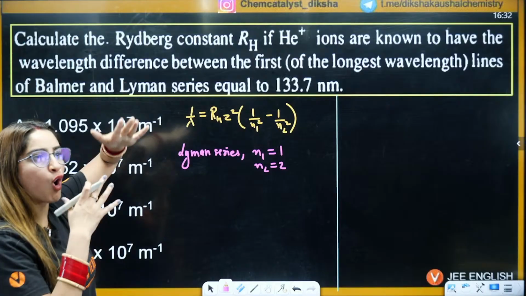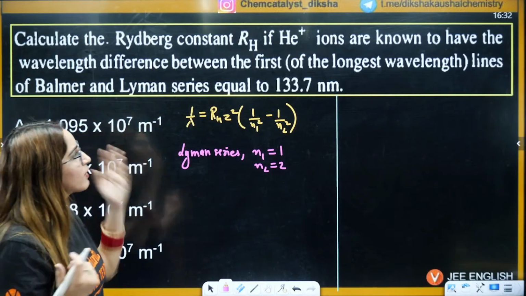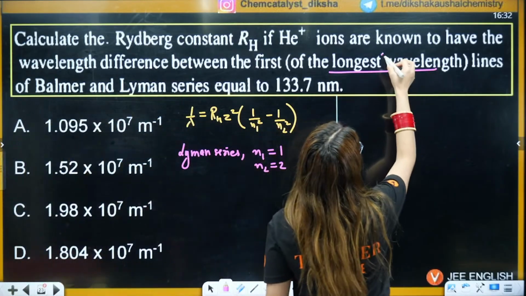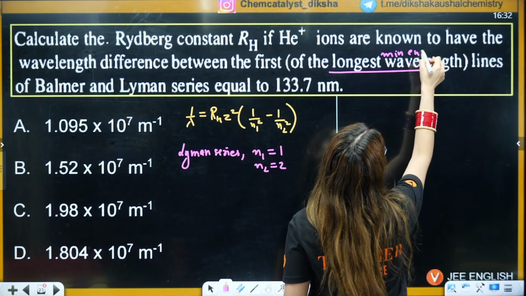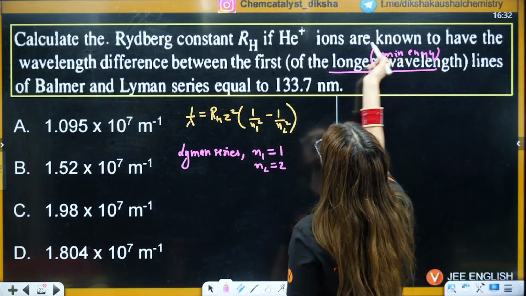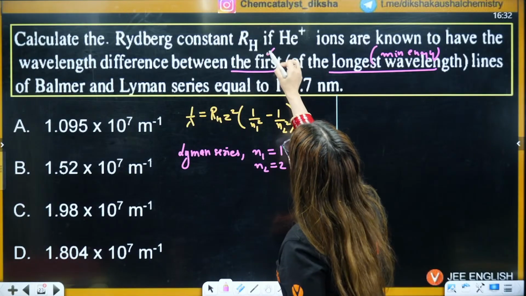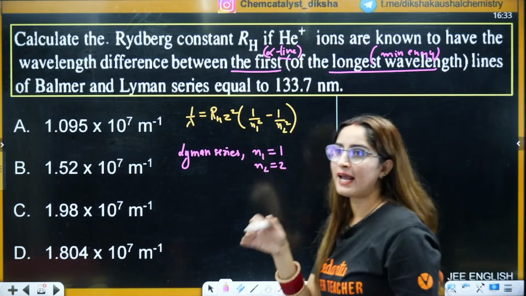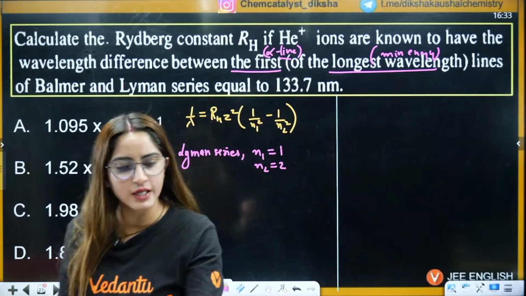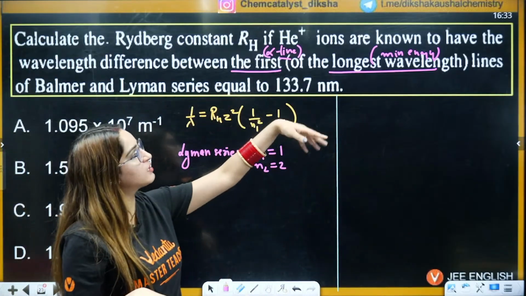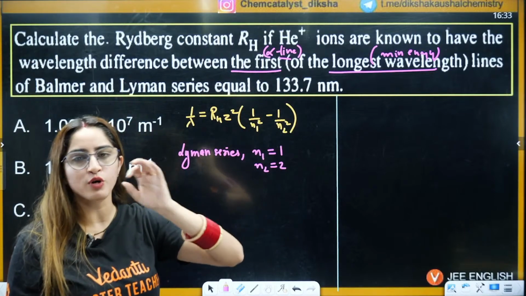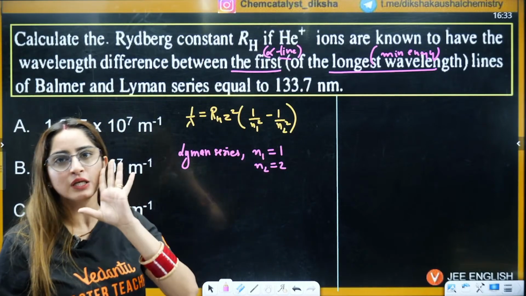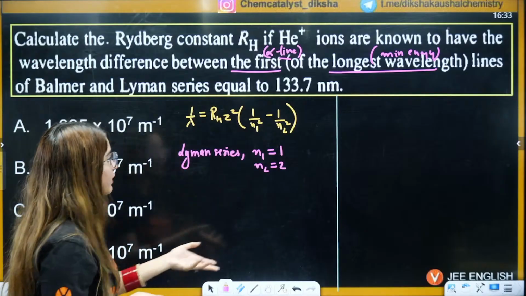First line means longest wavelength. Longest wavelength means minimum energy. Or they can also give you alpha line here, right? Alpha line, first line, minimum energy, longest wavelength, all correspond. So you just have to add 1 to the N1 value. That will be your N2.